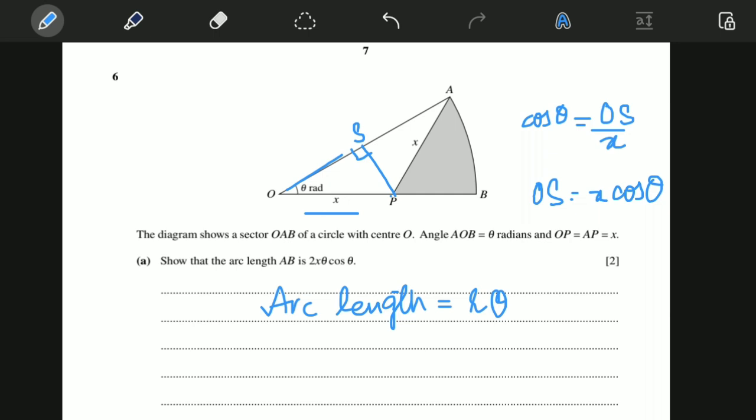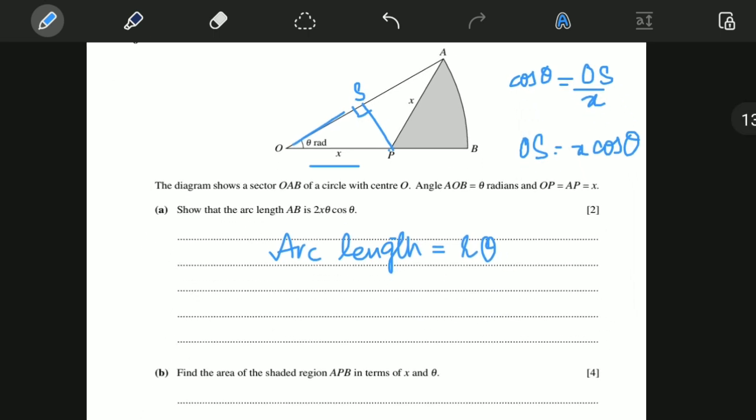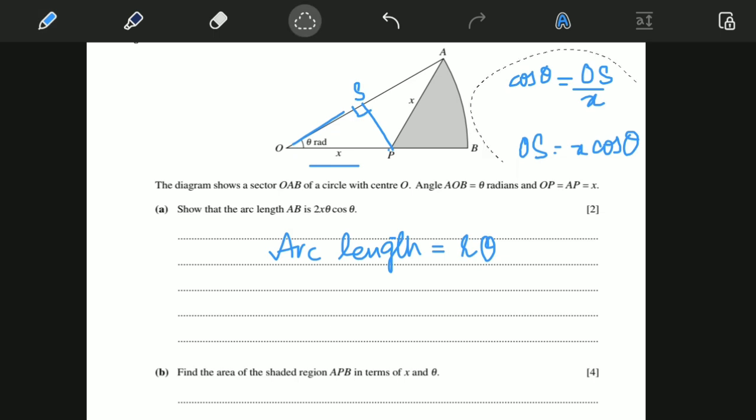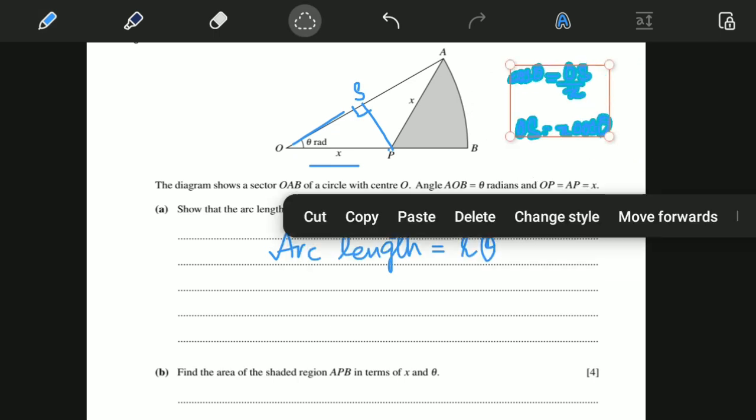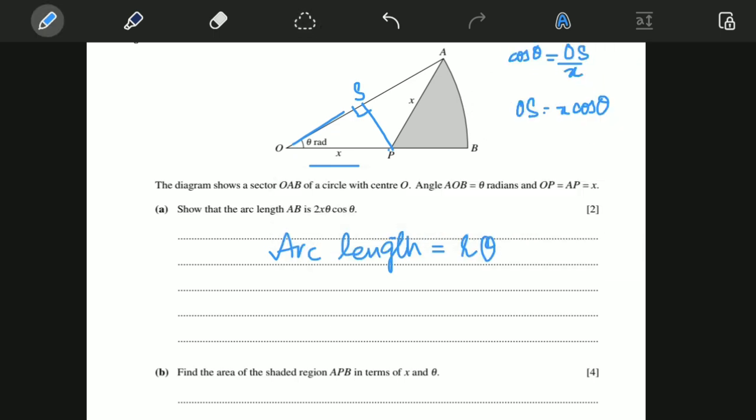Okay, and we know that OA is equal to 2 times OS. Sorry, OA is equal to 2 times OS. So this R will become 2 times X cos theta.